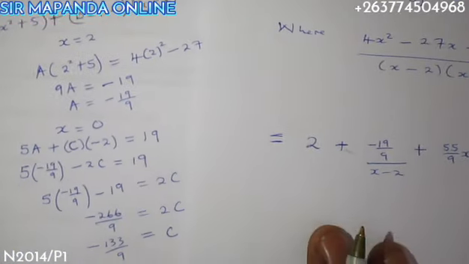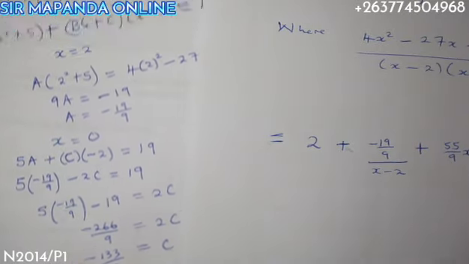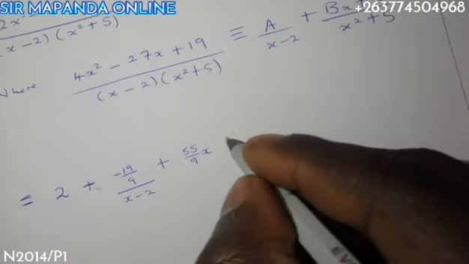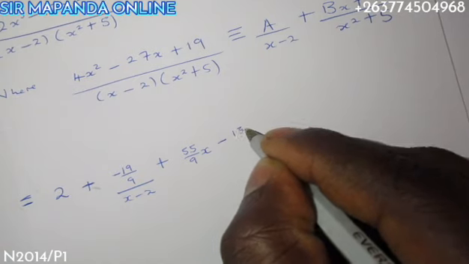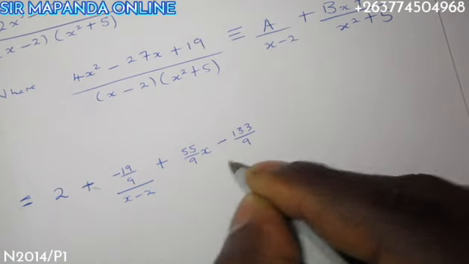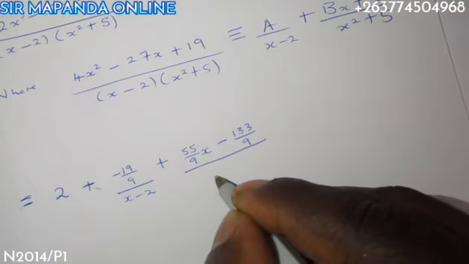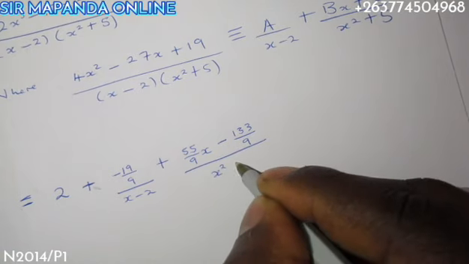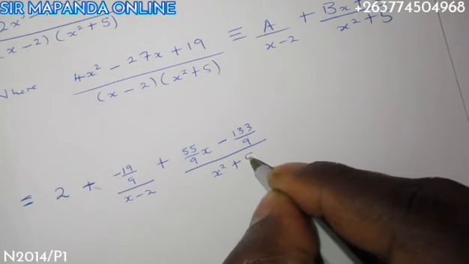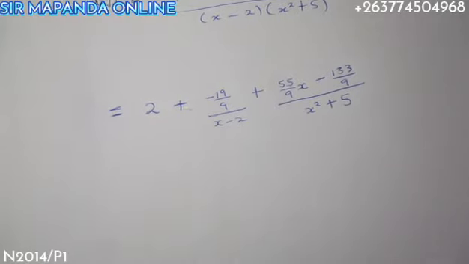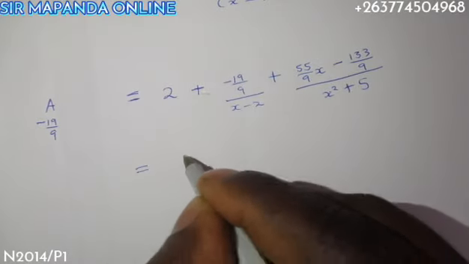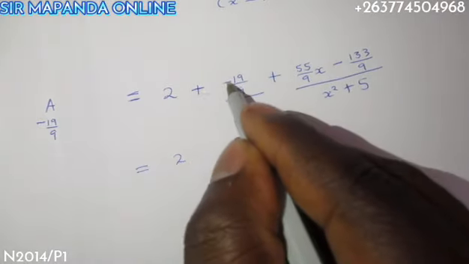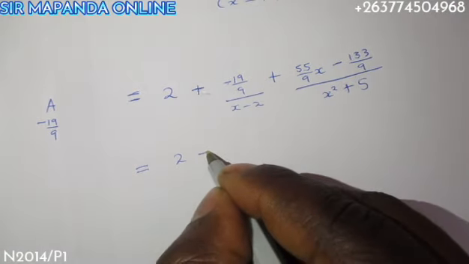The value of c is minus 133 over 9. So I'm going to write minus 133 over 9 on c. Then you divide this by x squared plus 5. I hope you are listening. So we can simplify it further.